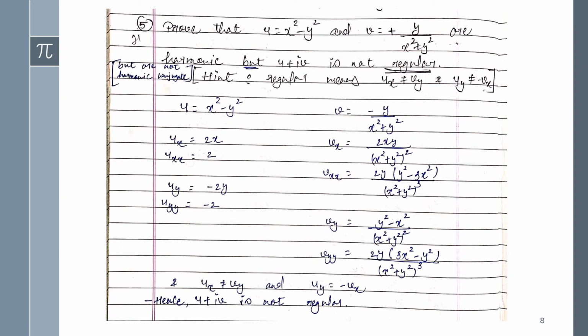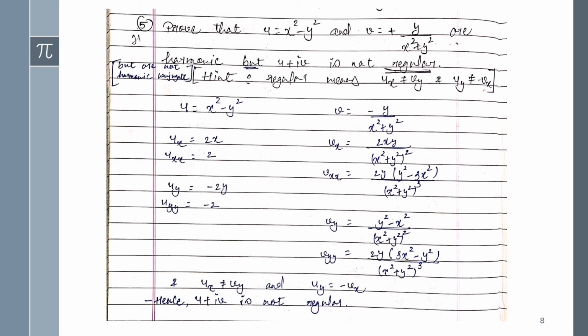Now let's do one more example, and the question is given: prove that u equals x square minus y square and v equals y upon x square plus y square are harmonic, but u plus iv is not regular. Okay, so see what is harmonic?